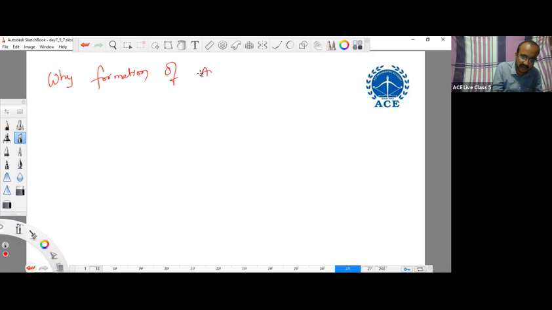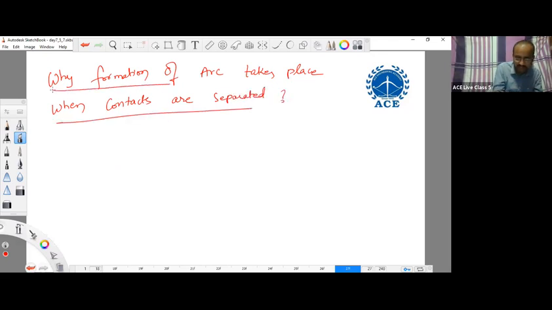When the contacts are separated, why does the arc formation take place? Now let us analyze. This is very important for understanding how the circuit breaker behaves.